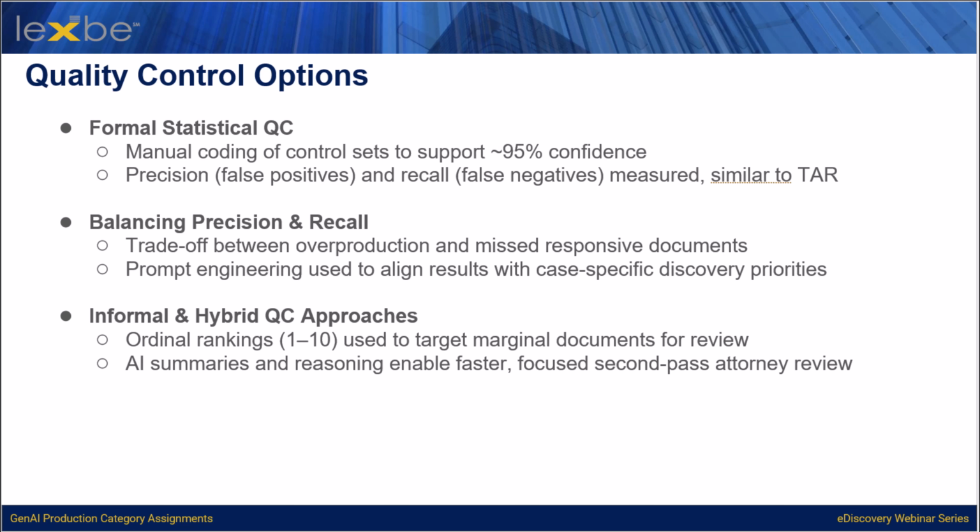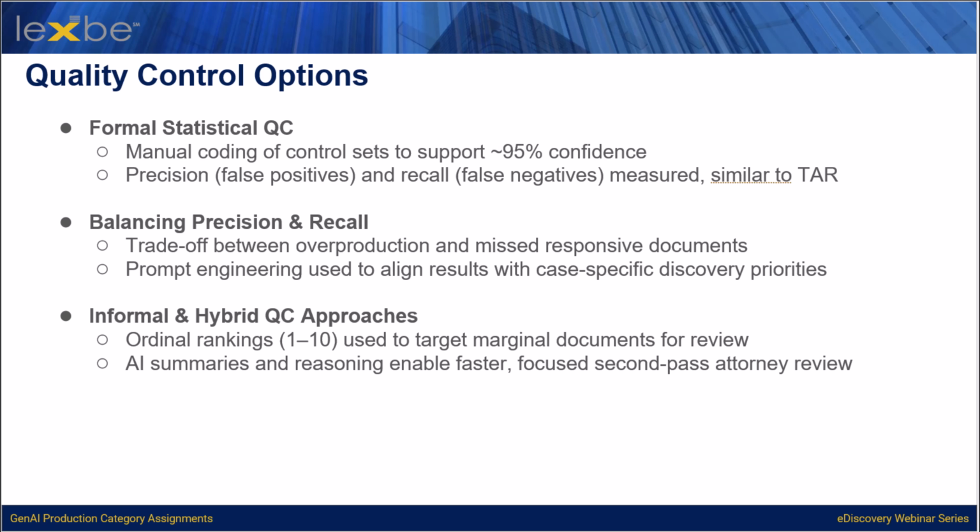Another approach is to use the ordinal rankings of the GenAI first pass codings to rank documents for the law firm human review as a second pass. This approach allows for attorneys' eyes on confirmatory review of all documents and would not require a formal QC process. The group ordinal responsiveness allows for high responsiveness documents to be grouped and reviewed together.